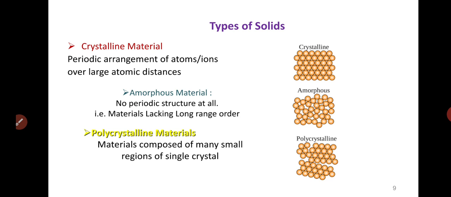Means there is a periodicity of atoms over certain regions, and then in other region other type of periodicity in the atoms. Means this is made up of the many small regions of single crystals.